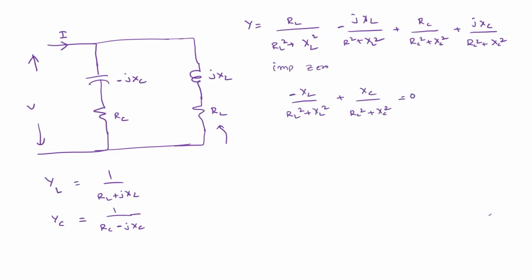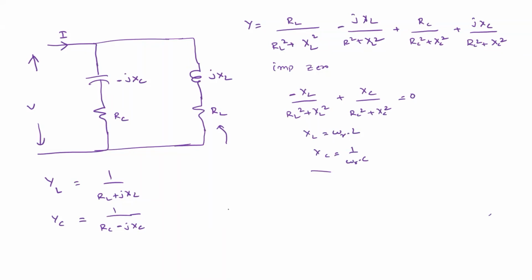So substitute XL equal to omega L and XC equal to 1 by omega C. You need to substitute those things. I will write the final expression, it will take a few more steps. You just solve this one.